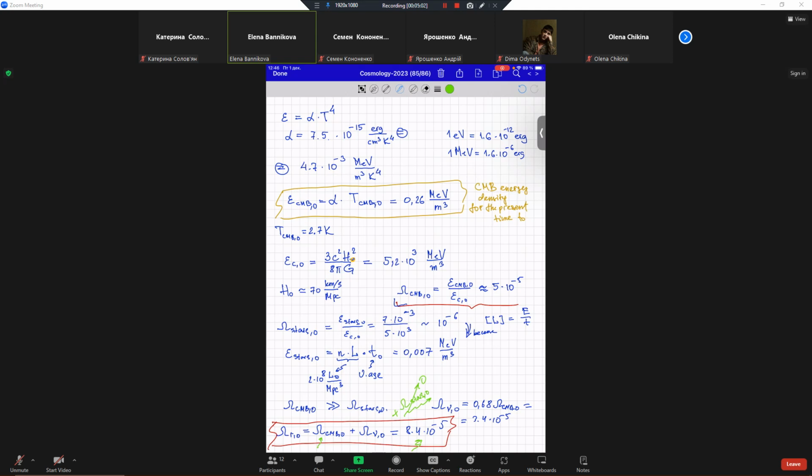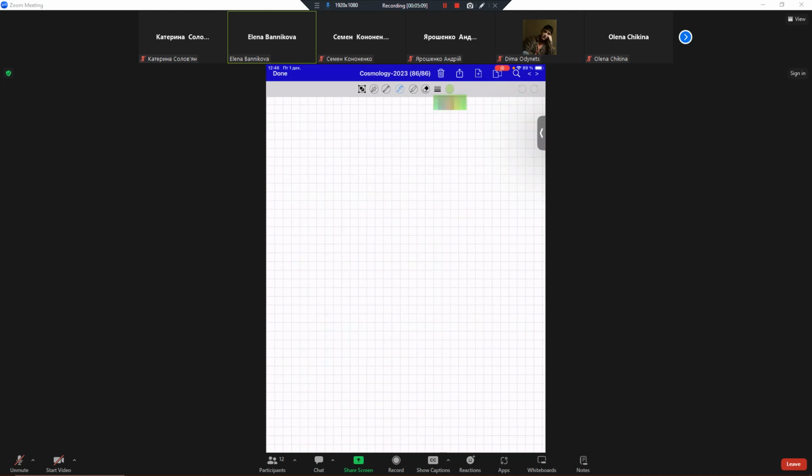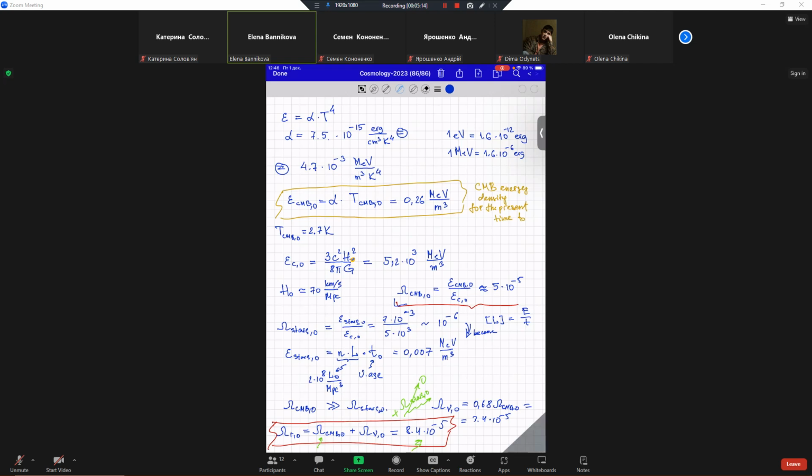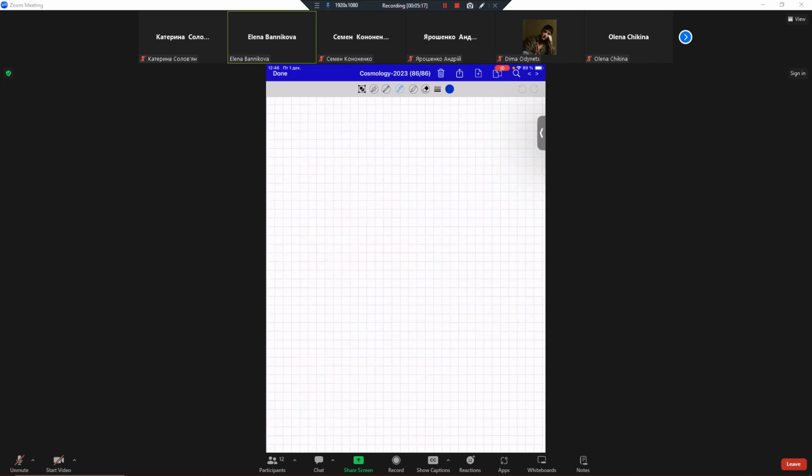We also need to understand what else we have. The next point: remember the total relative energy density, omega 0, for the present time. Again, when I put 0, it means that we speak about the present time.